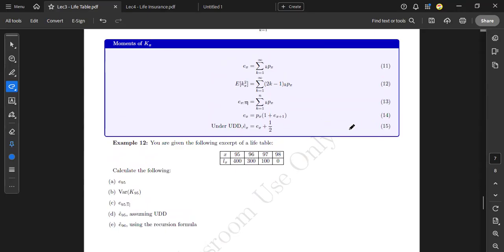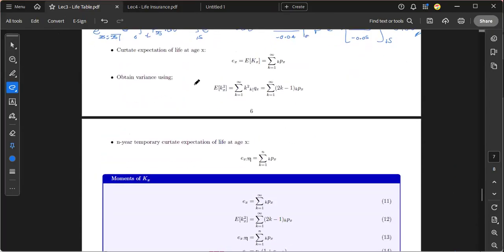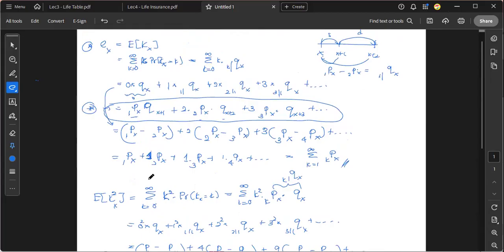And the 14th one is a result of the rearrangement of the infinite series, because if I go back to here, you can see, so we had this rearrangement to get the infinite sum like this.